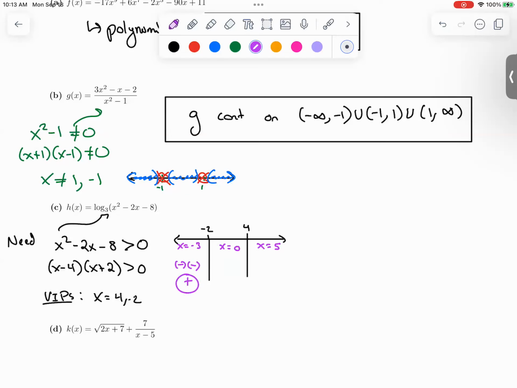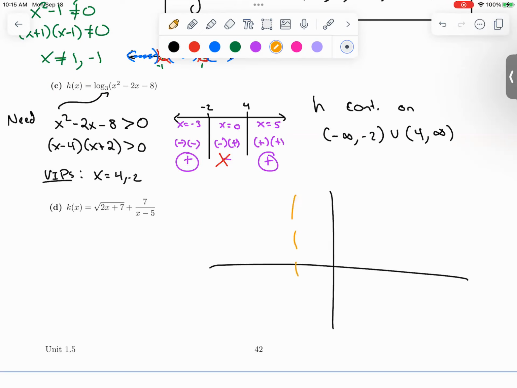The logarithm actually looks like this, if I remember correctly. So here's 4, here's -2. I believe the function just looks like this along those lines. It just doesn't exist between -2 and 4.